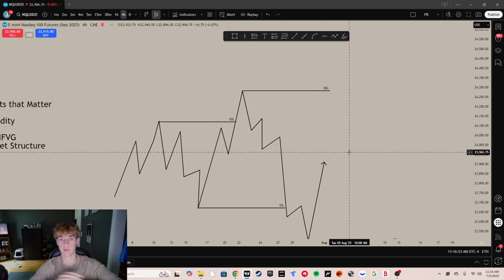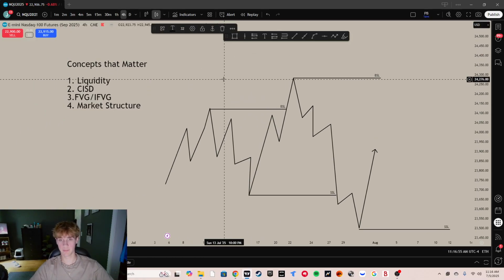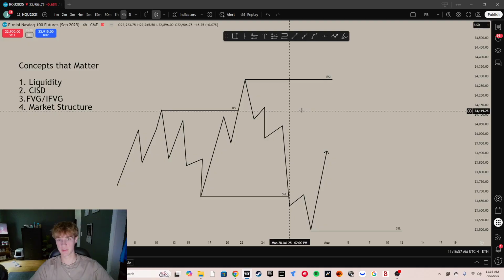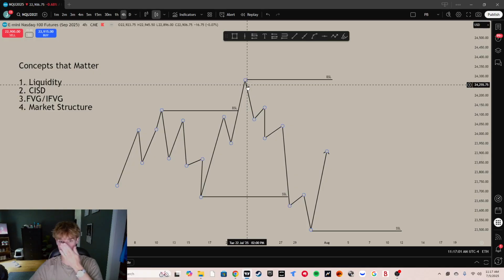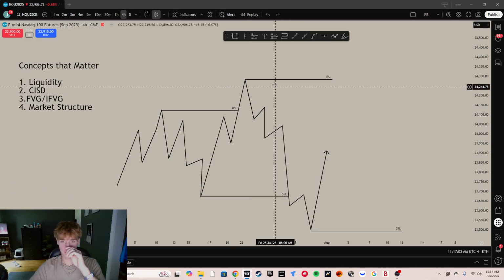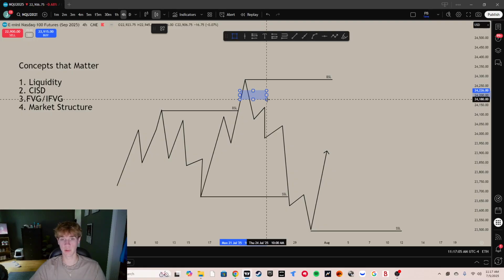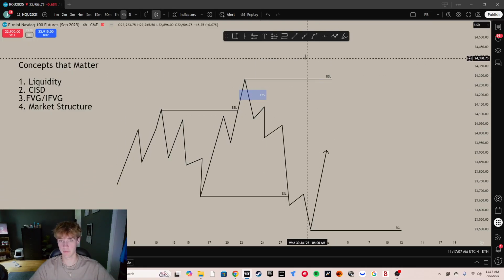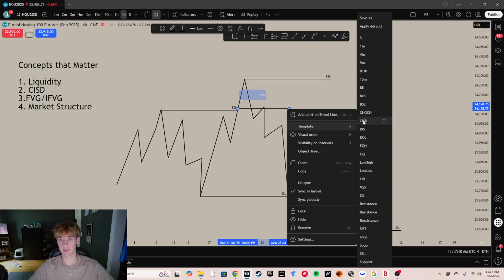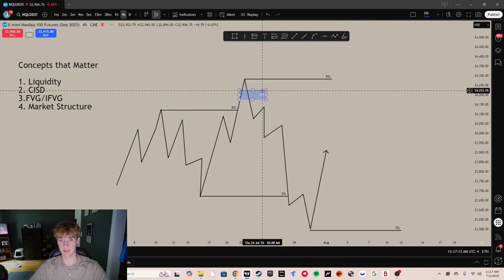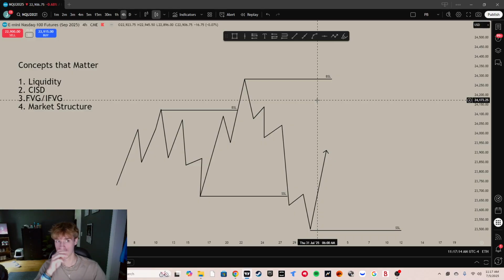In the market, when we see liquidity being taken out, say above us, like we do here, we can expect some type of reaction, a move lower, like we get. And within that move, you have your fair value gaps, inverse fair value gaps, change in the states, all of that stuff.